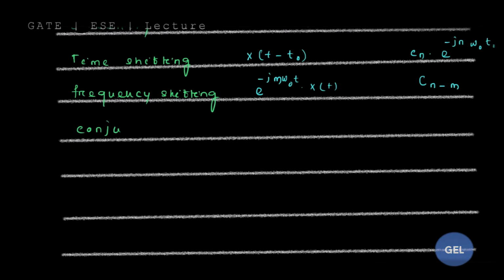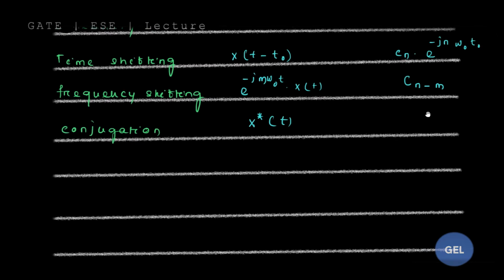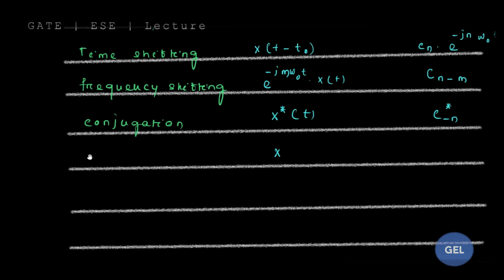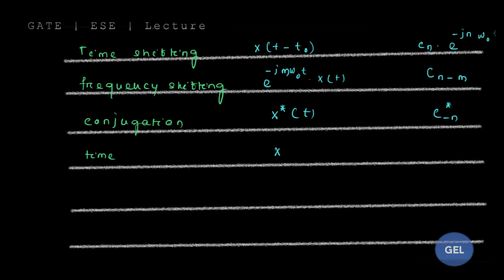Then your next property is conjugation. If you are taking the conjugate of your continuous time signal in a Fourier series representation, it will take c of minus n conjugate. And if you are taking time reversal, look here carefully, that is x of minus t.